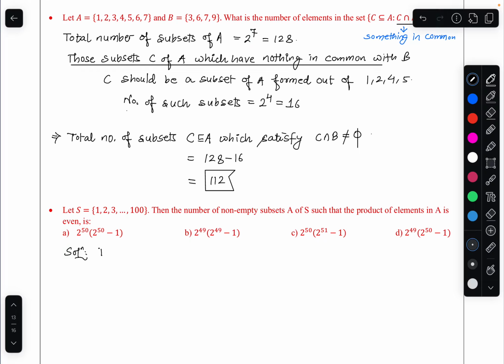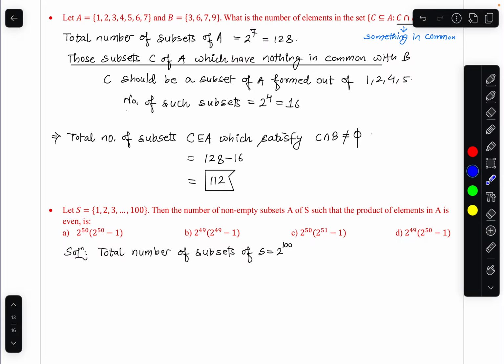First, let me find all possible subsets of S. The total number of subsets of S would be 2 to the power 100 because the set S has 100 elements in it.